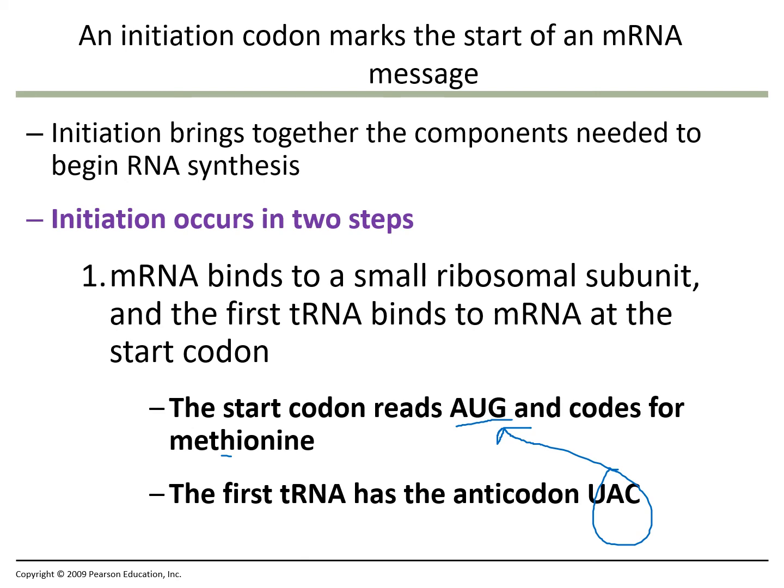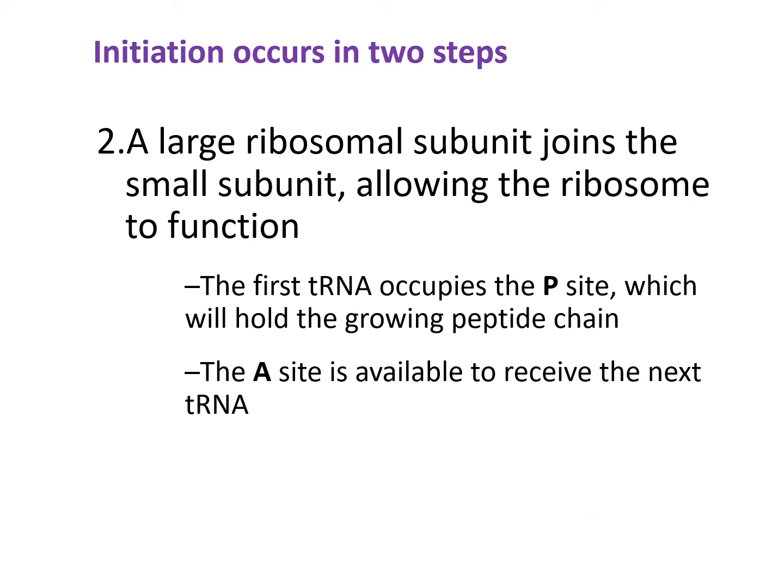Got it? Hopefully. And then the large ribosomal subunit joins onto the party, so that you've got the small unit and the mRNA, and then the large unit joins and it's got the P site, and you have that first tRNA in there with the amino acid on it, and then you've got the second site available for a new amino acid, which is the A site.